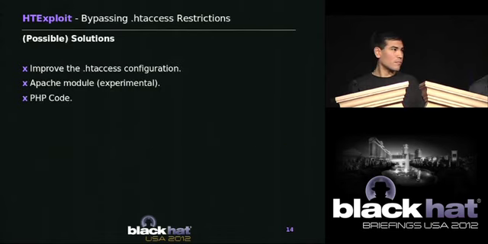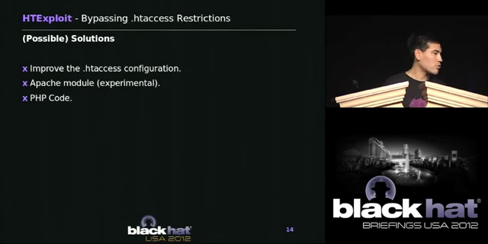Solutions? The thing is that Apache can handle the methods that you have disabled. But if you use a method that is not common to Apache, Apache will pass it along and send it to PHP and say, hey, PHP, maybe you know how to deal with this. That's how you bypass Apache.